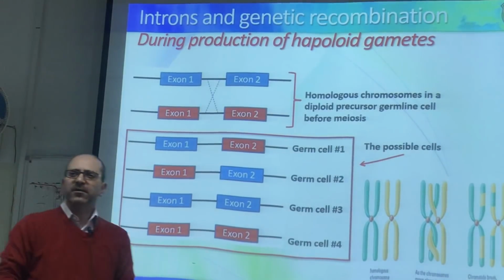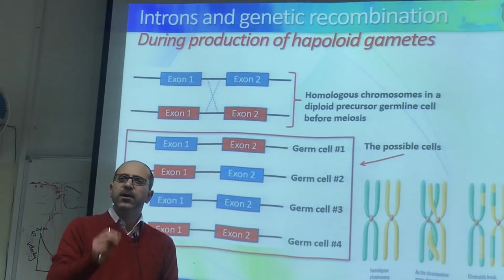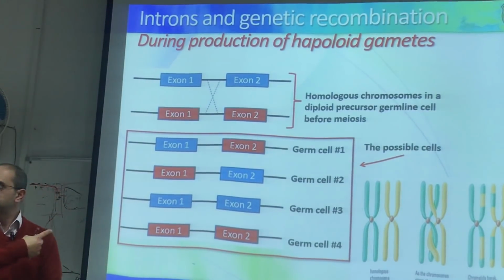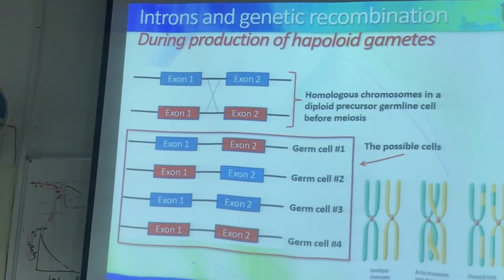That's why you look at two people and say they look alike, but there are differences between them. These differences can be caused by this variation, genetic recombination.